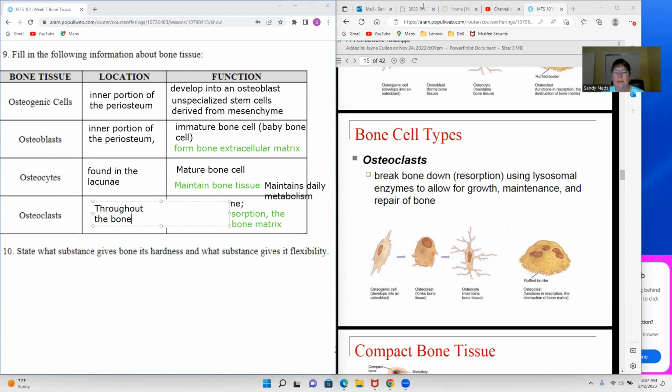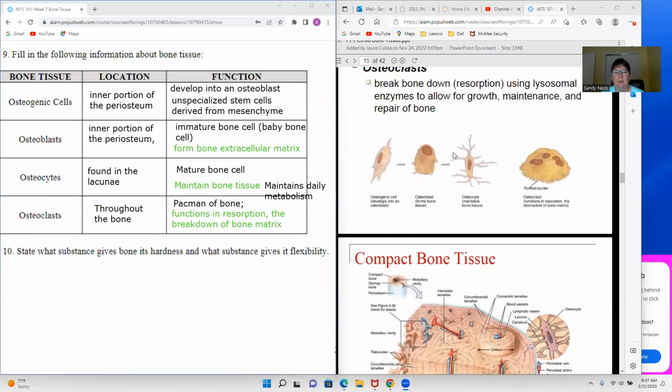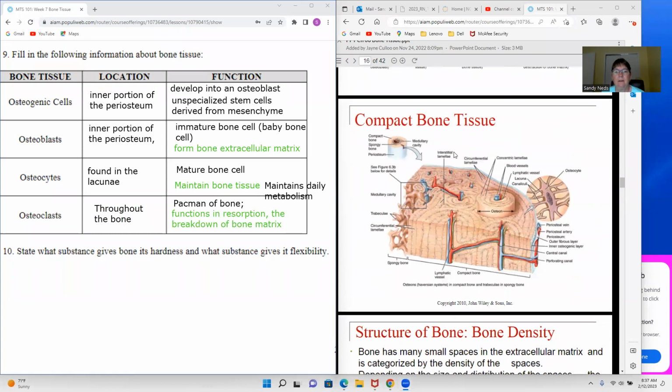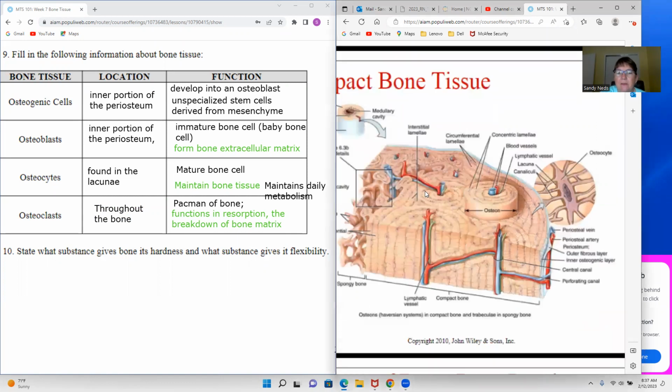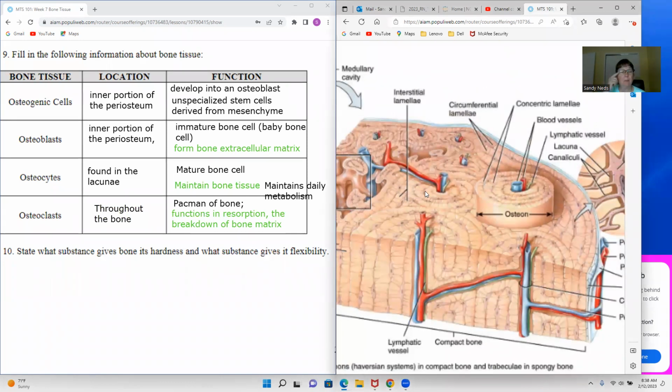All right, so let's go to the next slide. This slide here is a picture of compact bone, that solid bone that we see in the skeleton, that we see on the outside of every bone.